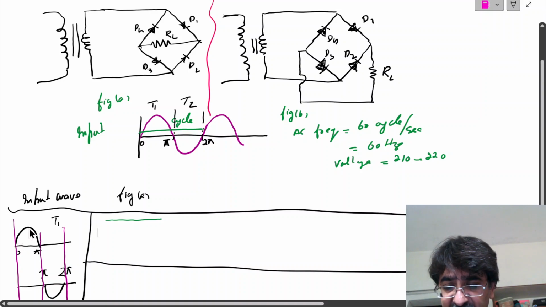The ripple increases to its maximum value and then decreases to 0 again.